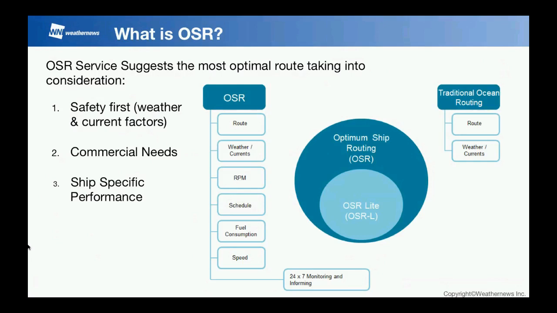So we start to look at the full RPM range of the vessel, the full speed range of the vessel, looking at her fuel consumption, the scheduling aspects, looking at those commercial needs of the voyage, and looking at how the vessel performs, so the ship-specific performance. And therefore, what can we do to optimize this?